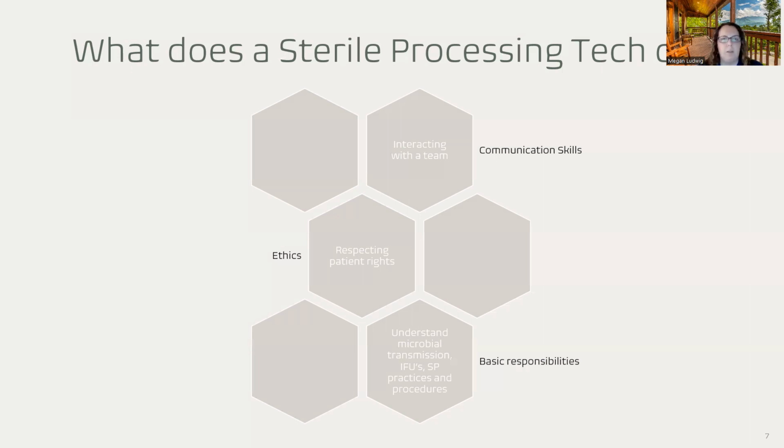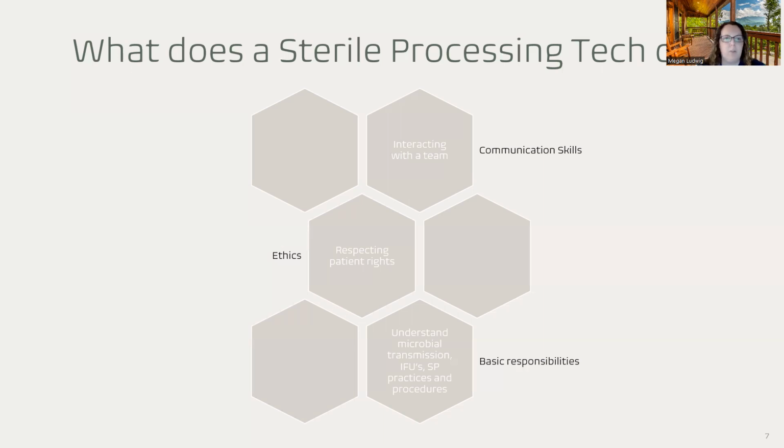You may not have direct hands-on, but you are going to be responsible for making sure those instruments were sterilized properly. If you skipped a step and knew it and just pushed it through anyway, you're putting somebody's life at risk. So you have to have a strong moral compass.